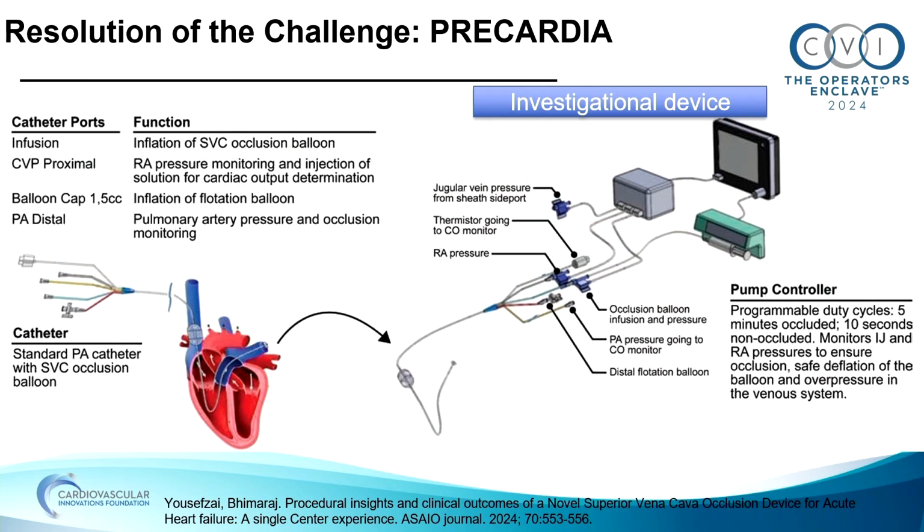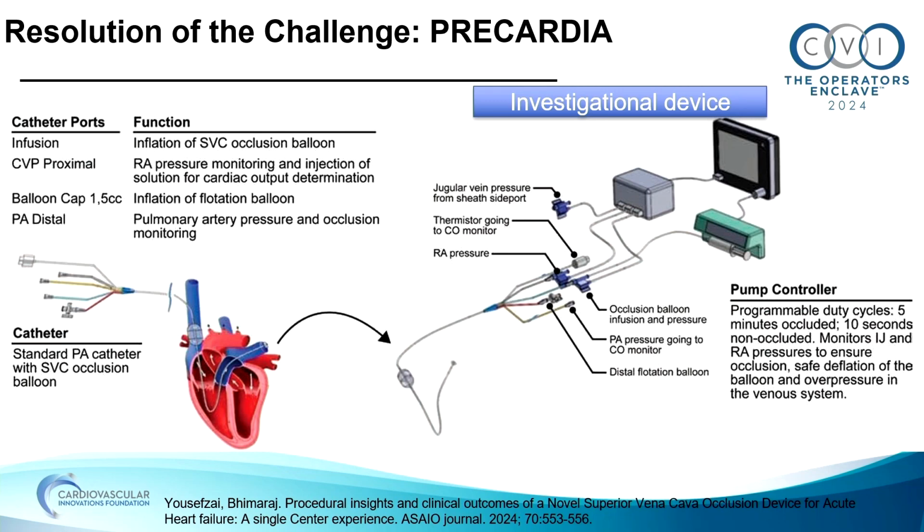So it is placed in the position like a Swan-Ganz catheter, but this balloon is positioned at the SVC-RA junction. And it gets filled with an external pump control system, which inflates and deflates the balloon, causing a cyclical mechanical stimulation, stretch, preload occlusion, whichever you want.